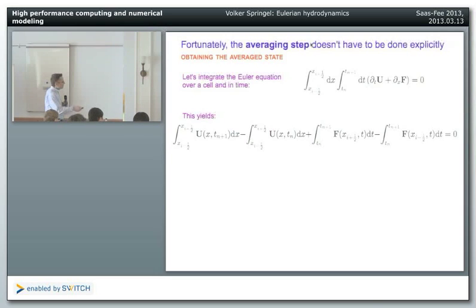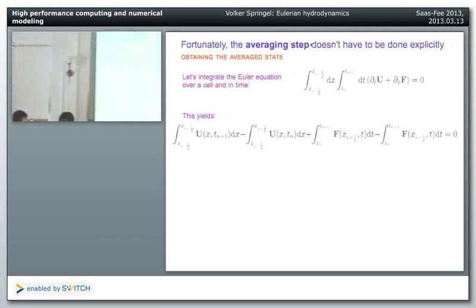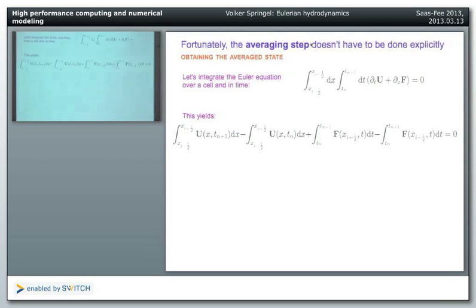With the time integral you can undo the partial derivative in time, and on the flux part you can undo the spatial integration, and you're left with a time integration.